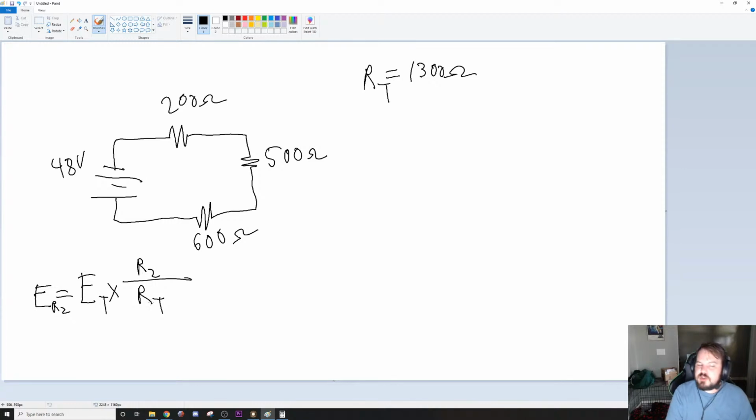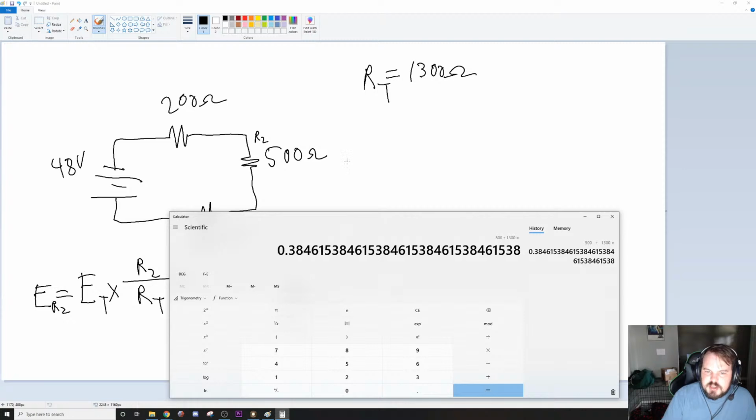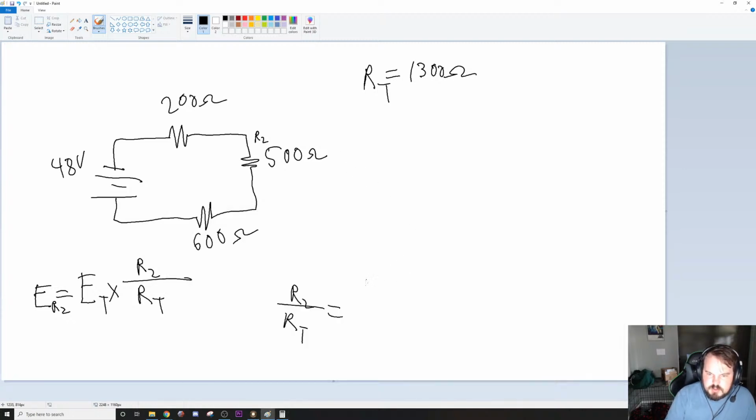So if you take R2 and divide it by R total, that will give you the percentage of resistance that R2 is. So R2 divided by R total gives us what percentage? That's 500 divided by 1300. So 38.5% is what we're going to go with.